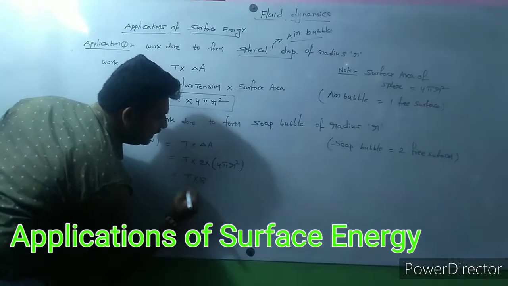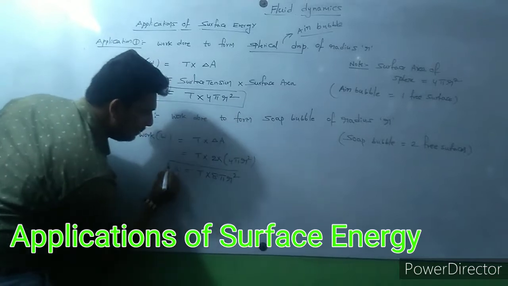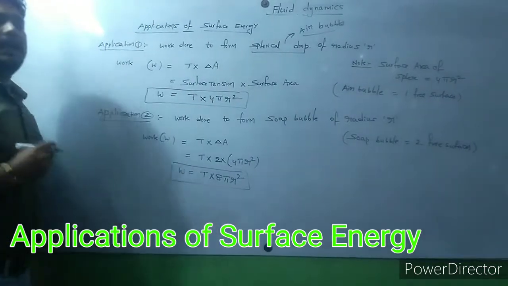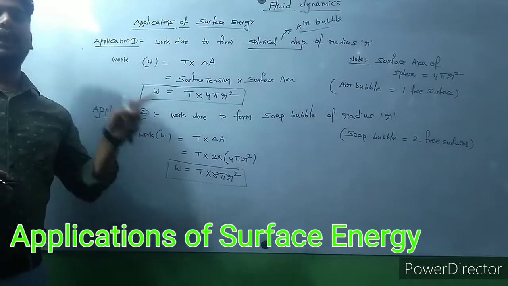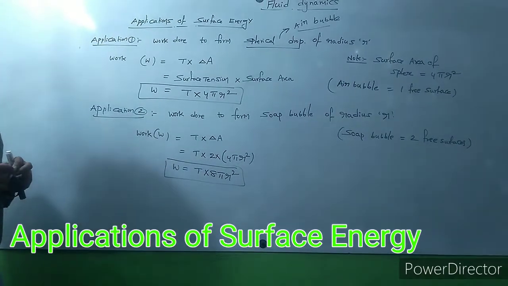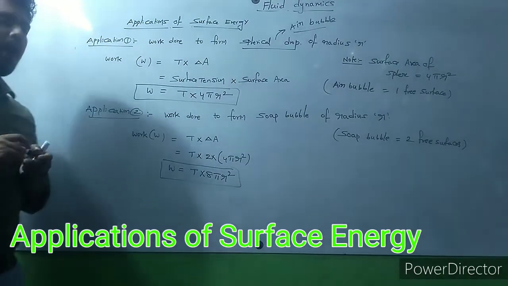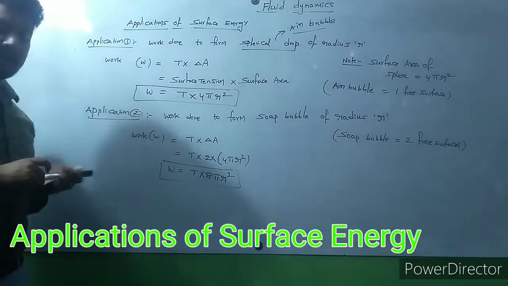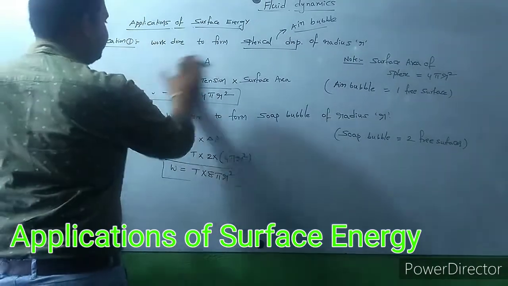That is T into 8 pi r square. So work done to form a soap bubble, W is equal to T into 8 pi r square. This is application number 2. Now I am going to discuss application number 3.